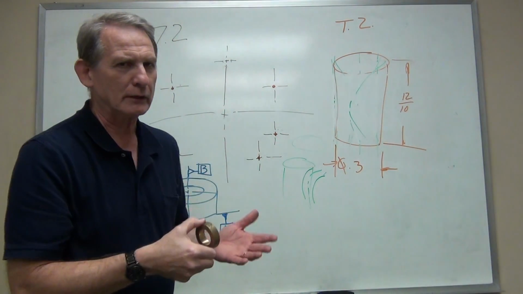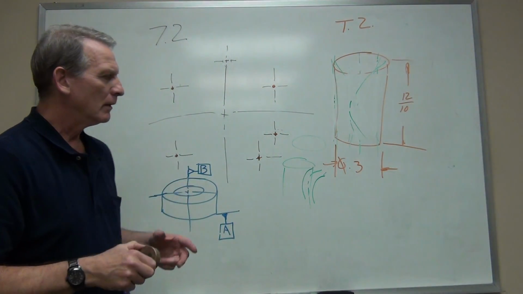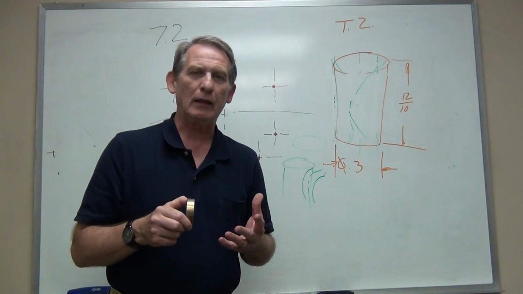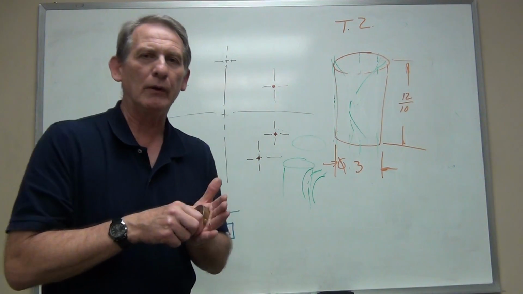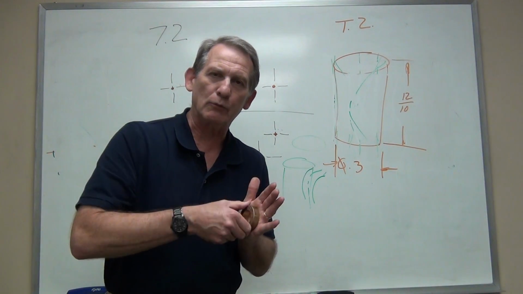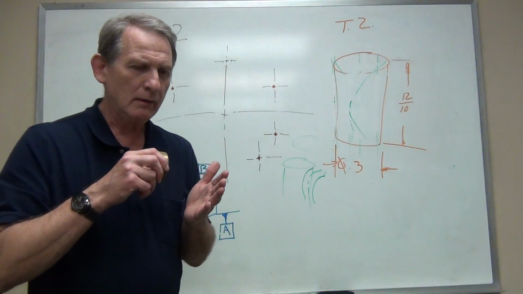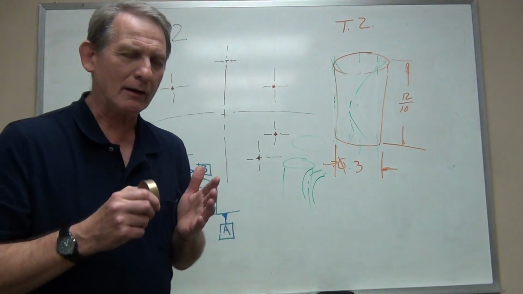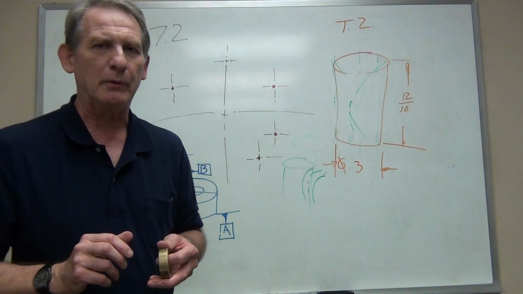As long as it's in the fixture, contacting datum A and datum B, it is going to be centralized, and it does not matter. We don't have to constrain it in any rotational sense. And again, that's a little hard, I think, to understand, but that's why this is not a fully constrained part.